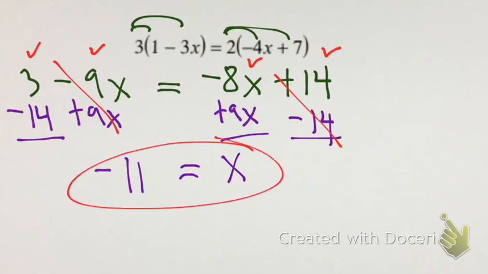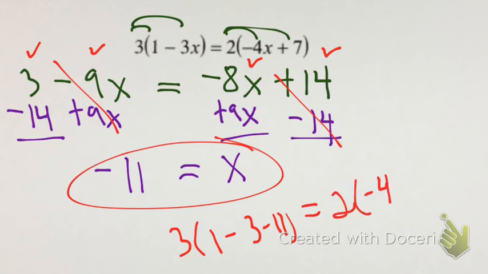And if you want to check your work, you just plug it back in. 3 times 1 minus 3 times negative 11. Check it. And 2 times minus 4 times negative 11 plus 7. So really at that point you can pull out a calculator if you want. I'm going to do that right now.